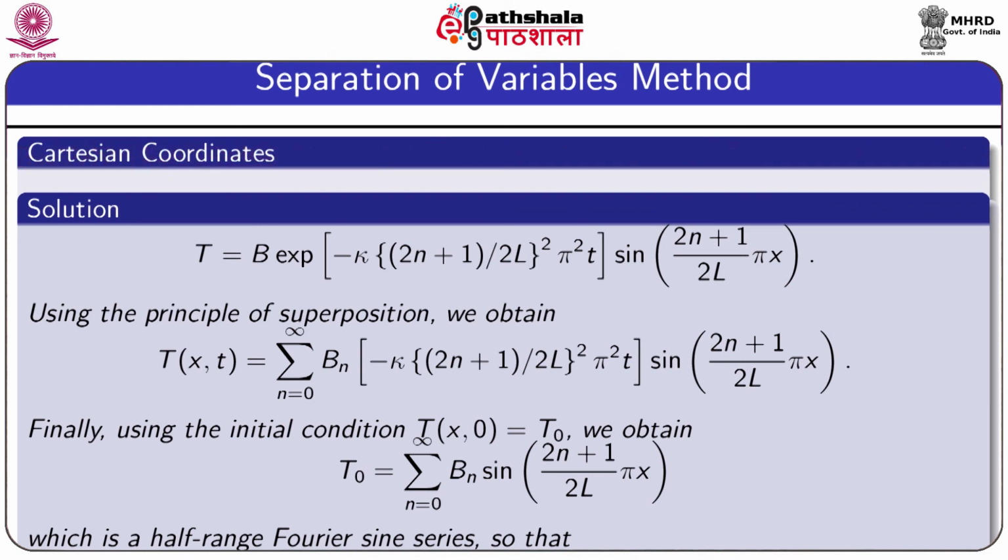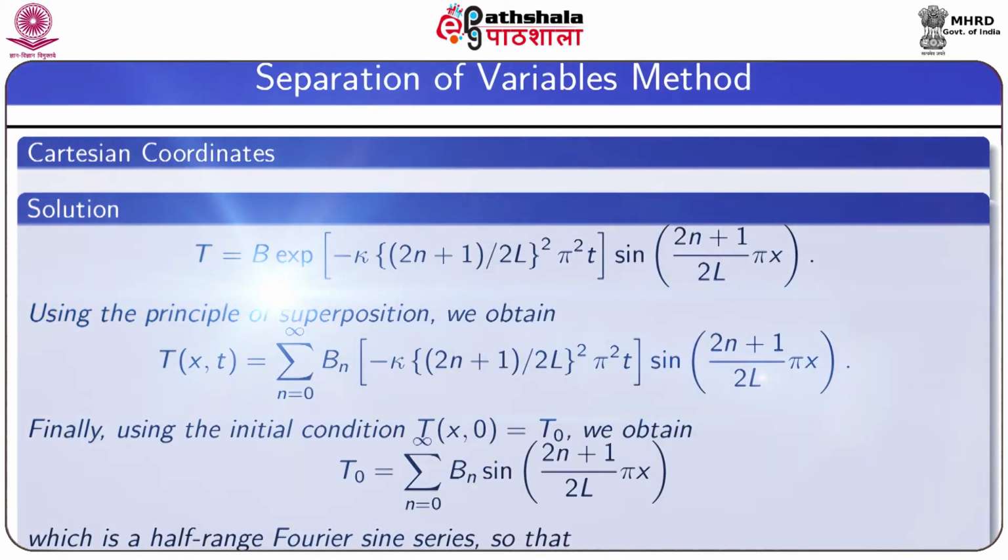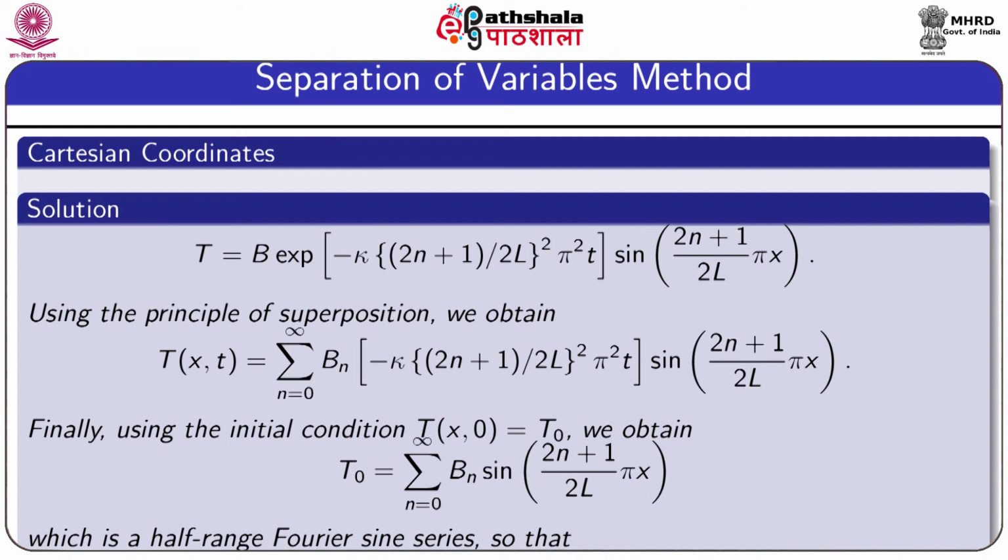Using the principle of superposition, the linear combination of all solutions is also a solution of the original equation. Thus, we obtain the expression for capital T as the sum over n of Bn into exponential of this, sine of this, which is written here.